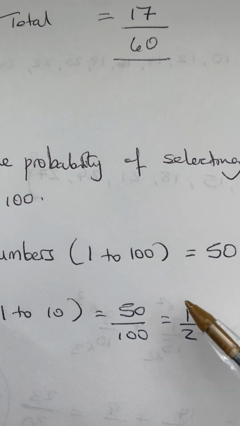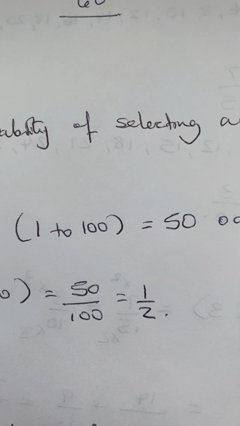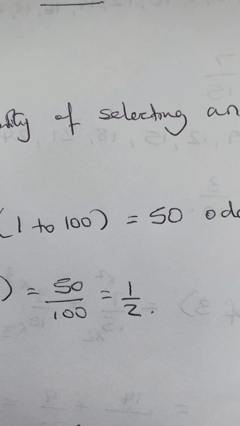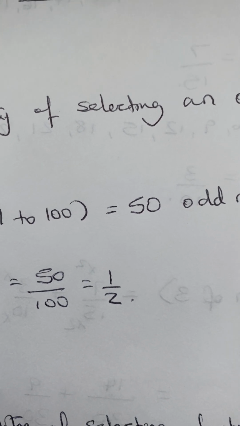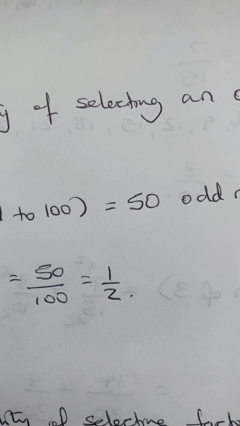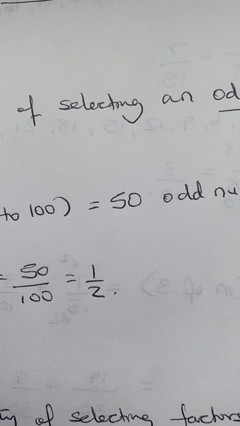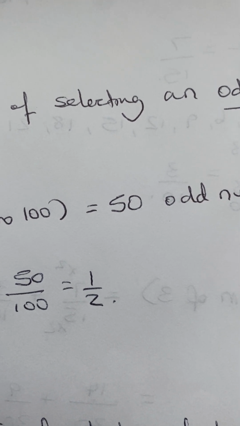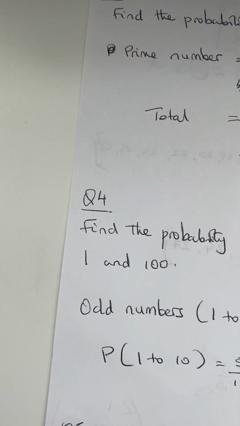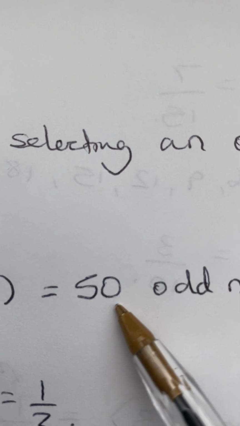It's a lot, so I didn't list them, but it's every other number after the even number. So 3, 5, 7, 9, 11, 13, 15, 17, 19. So you go on till you get to 100, and there are 50 in total.